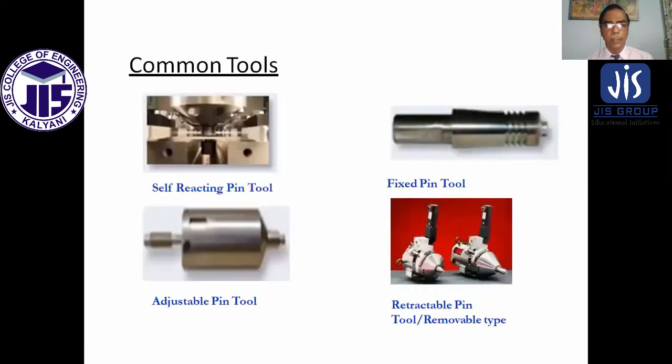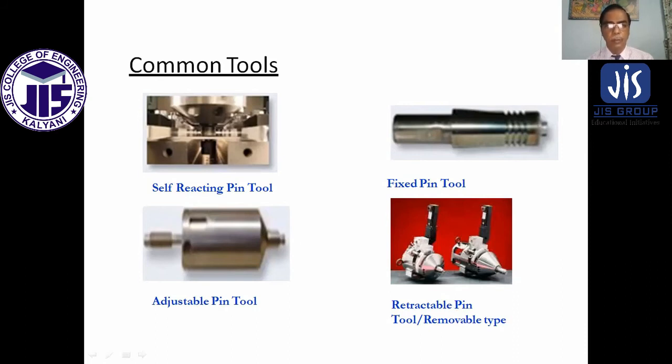Common tools: there are various common tools, such as the self-reacting pin tool, fixed pin tool, adjustable pin tool, and the retractable or removable pin tool. So four types of tools are here.